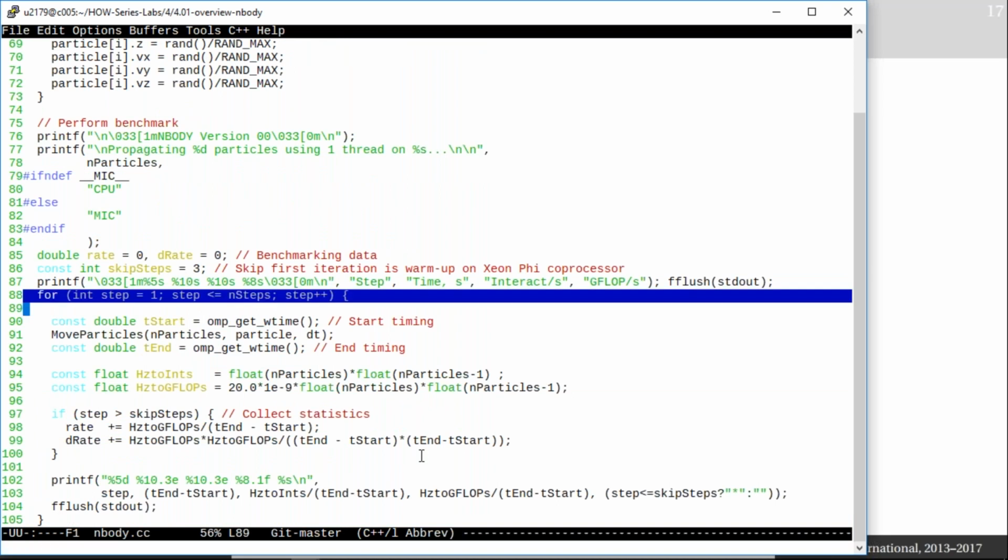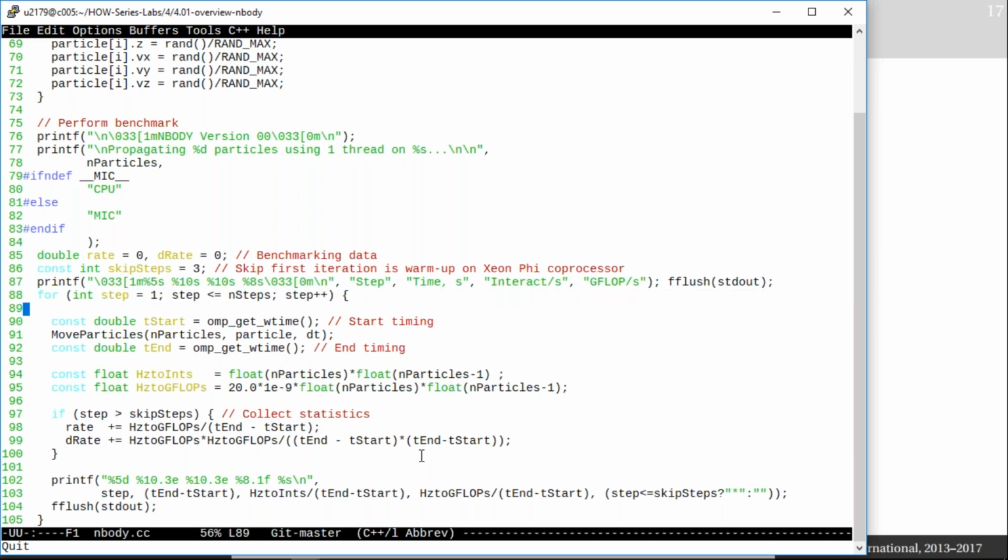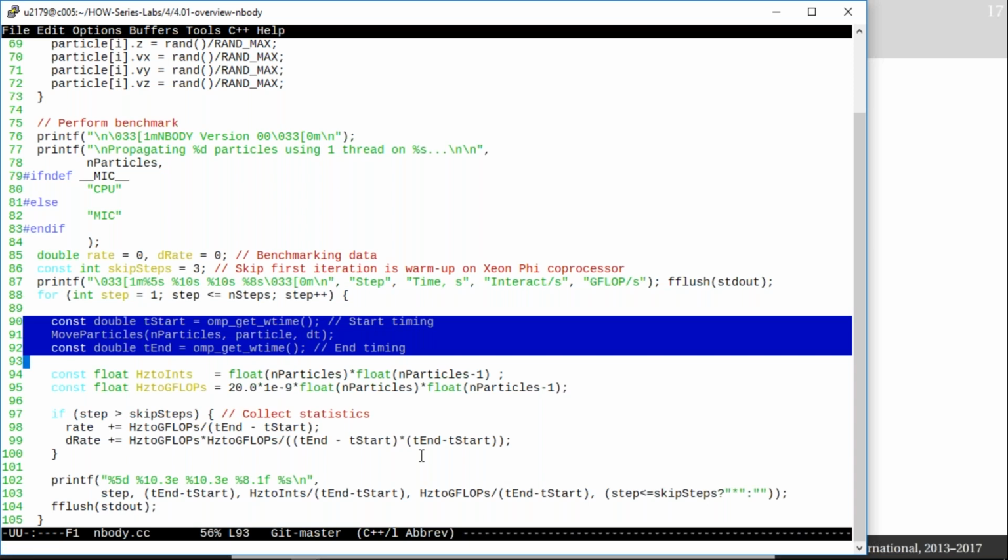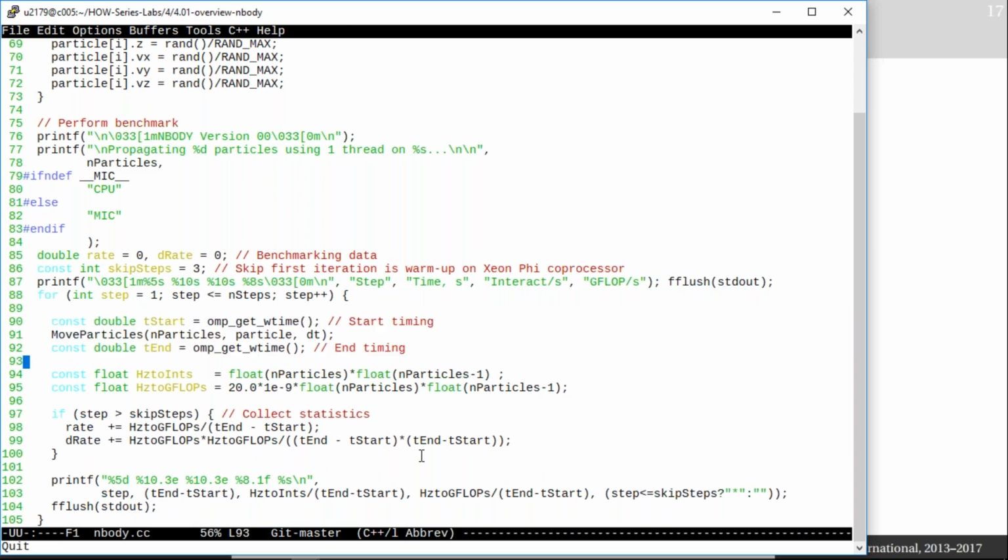We make several time steps. That movie that you saw was an animation of multiple time steps. So each time step is going to be one iteration, and we are going to time it. We're using the OpenMP timer for timing, and then we convert time in seconds to performance in units of gigaflops per second.